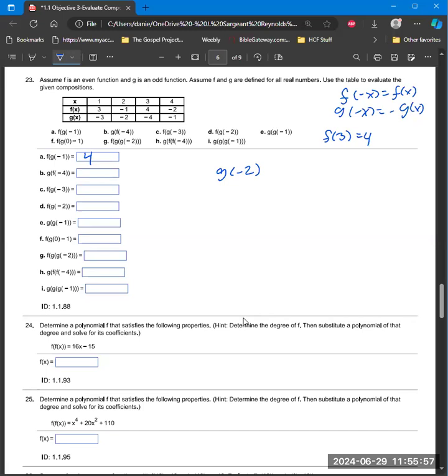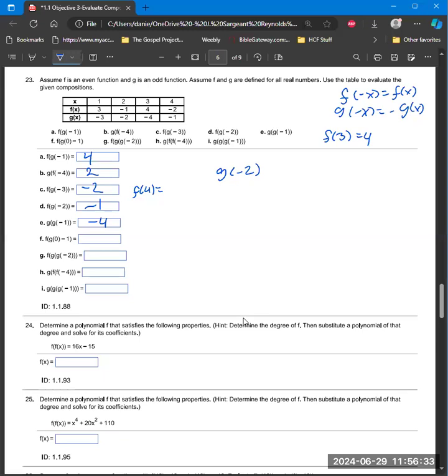That's going to be 2. g of -3 is going to be the opposite of this. That's going to be 4. f of 4 is a -2. g of -2 is a +2. f of 2 is a -1. g of -1 is going to be a +3. g of 3 is a -4.